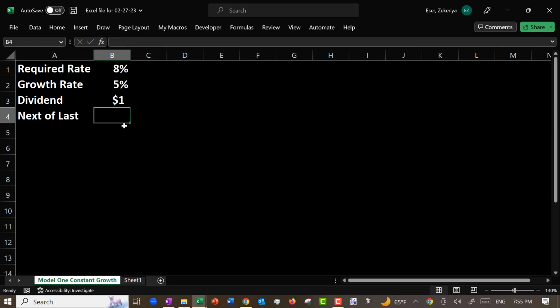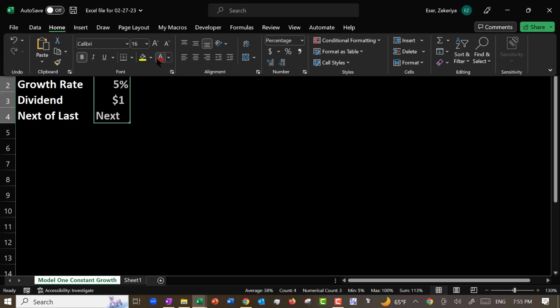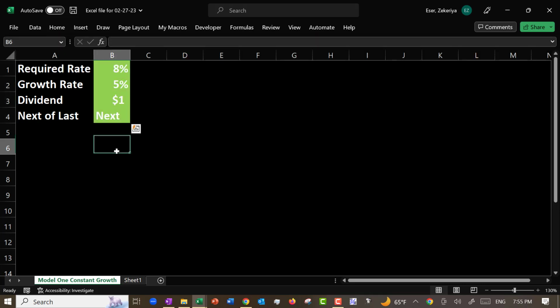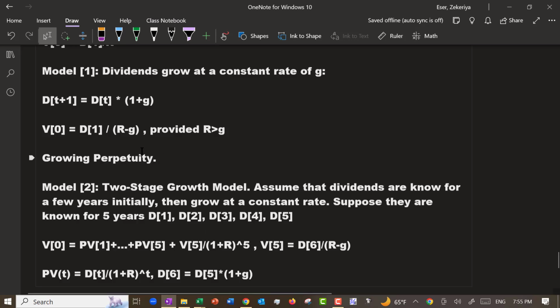If this is equal to next, one, otherwise 1 plus the growth rate times this dividend. So if this was last, okay.